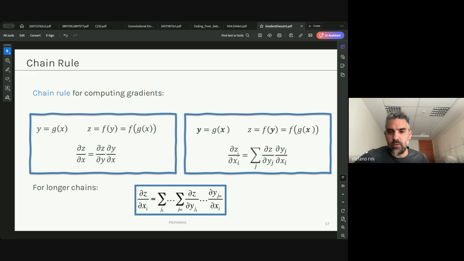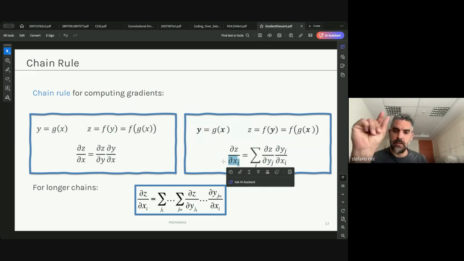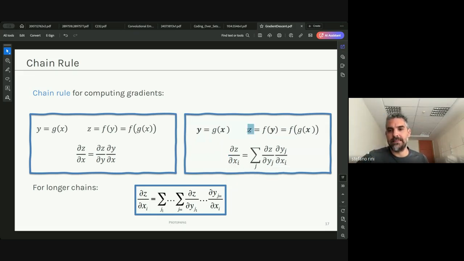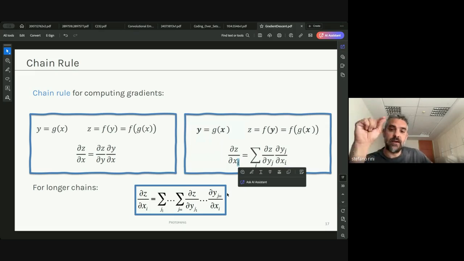You can ask yourself, what is the derivative of my scalar z with respect to the entry i of the vector x? This is the ith entry of the vector that describes the derivative of the scalar z with respect to the vector x. Scalar, vector. The derivative is a vector. I'm telling you what is the derivative with respect to the coordinate i of the vector x.